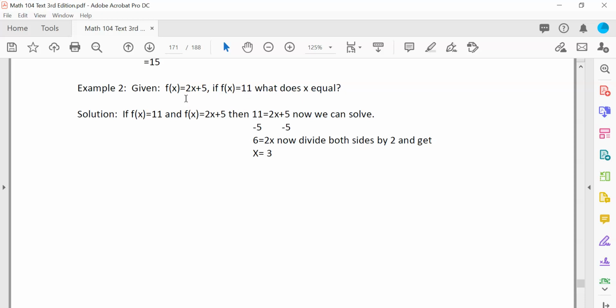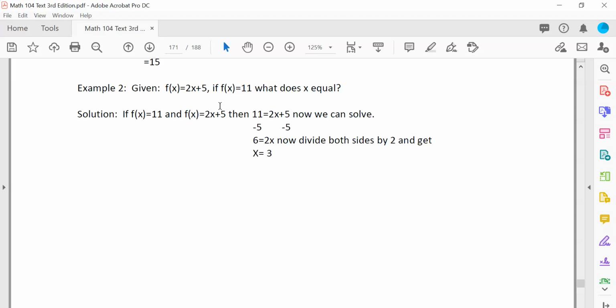So what this is saying is that if you plug in a value for x, the formula says how you're going to calculate your output is you're going to take 2 times x plus 5. And this says, well, what if we got 11 as our output? So what if 2x plus 5 was equal to 11? What input, what number would we have had to have plugged in?